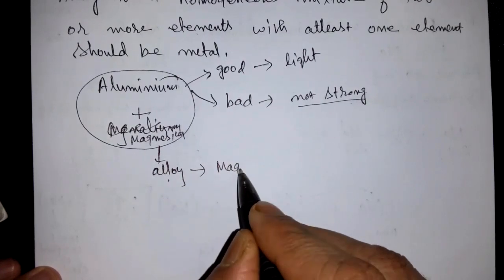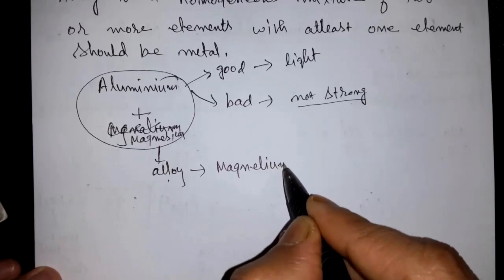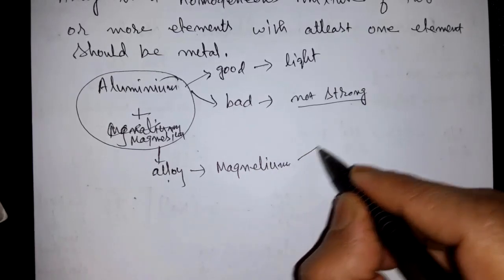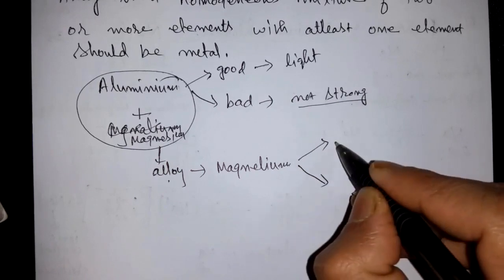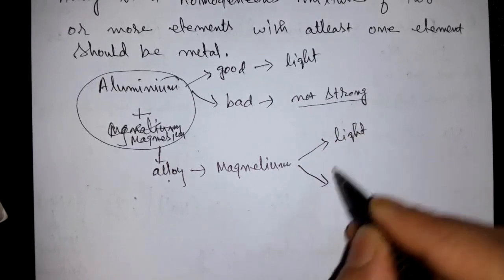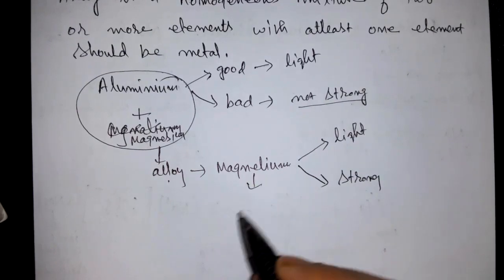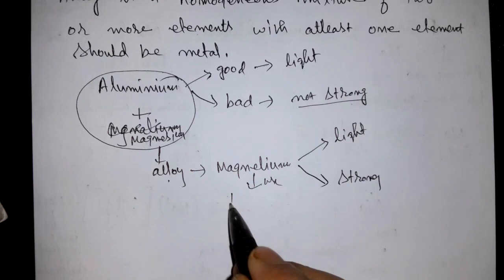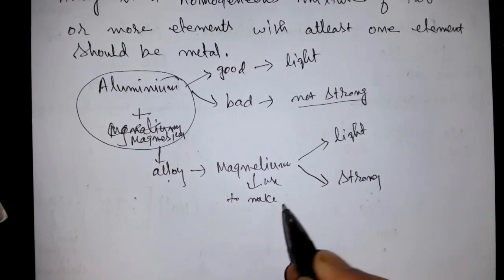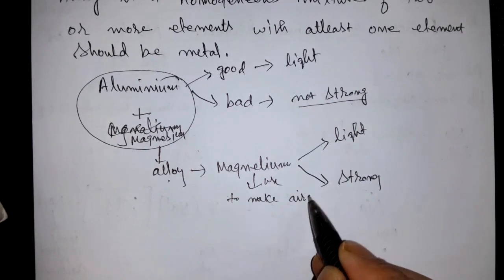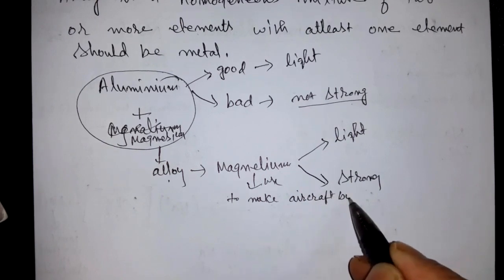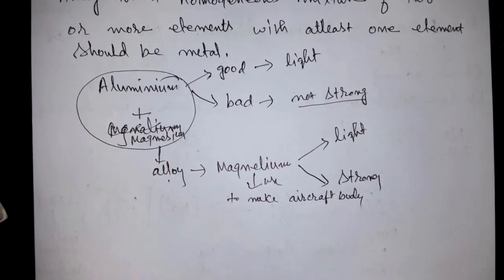That alloy is called magnalium. This alloy has both good points: it is still light and it becomes strong because of the mixing of magnesium. Now this alloy is used to make aircraft bodies. So many a time when we mix metals or even some non-metals, some new property comes out, and that may be helpful.